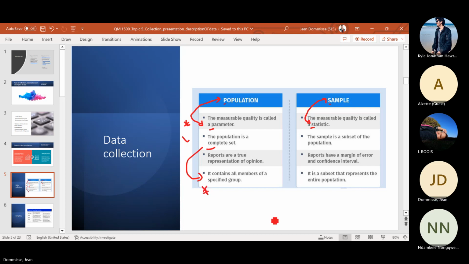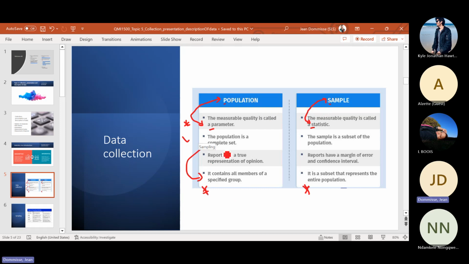And a subset of that can be students doing QMI. So again, it doesn't represent all the students, but it represents a certain group of students that is representative of the bigger set of students.